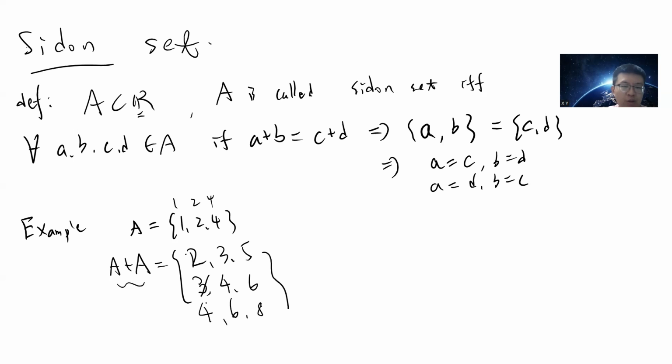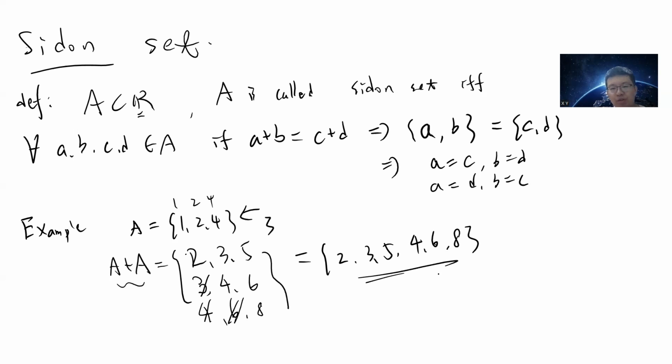You only count the repeated ones once, you delete them, since they are the same. So in total you have 2, 3, 5, 4, 6, 8, and obviously these have three numbers, and then you have 6.